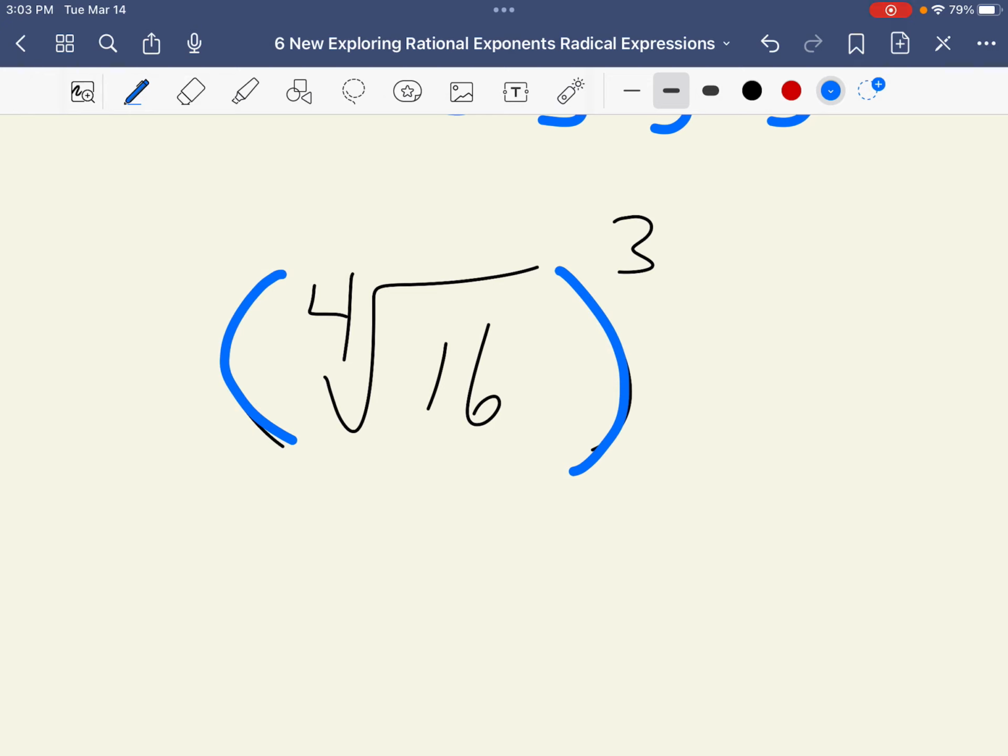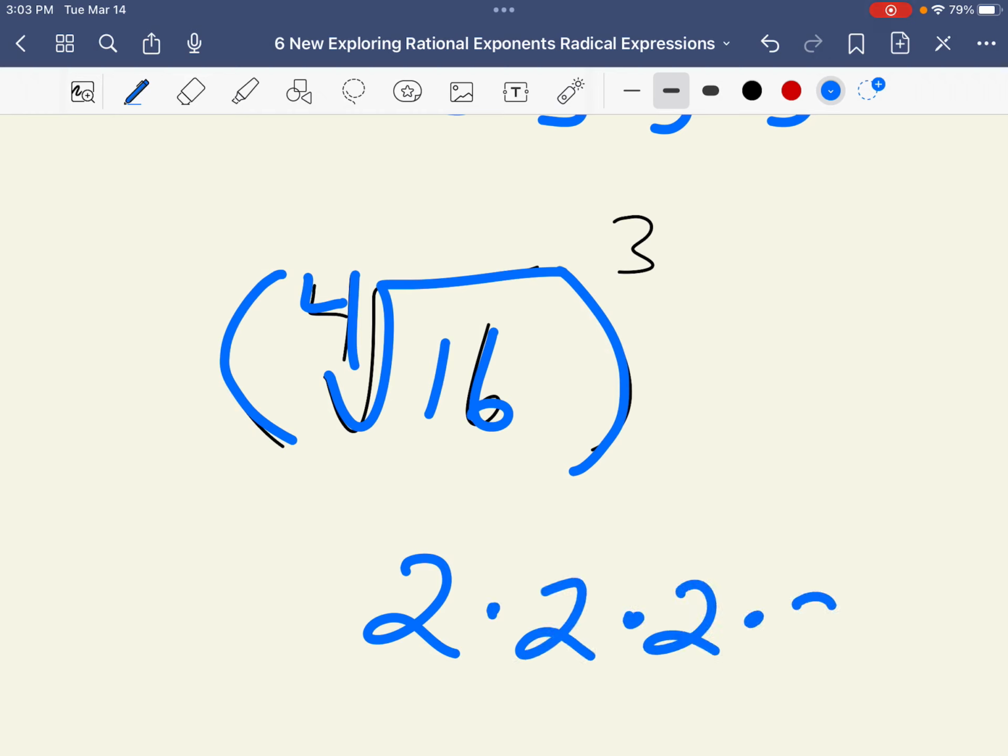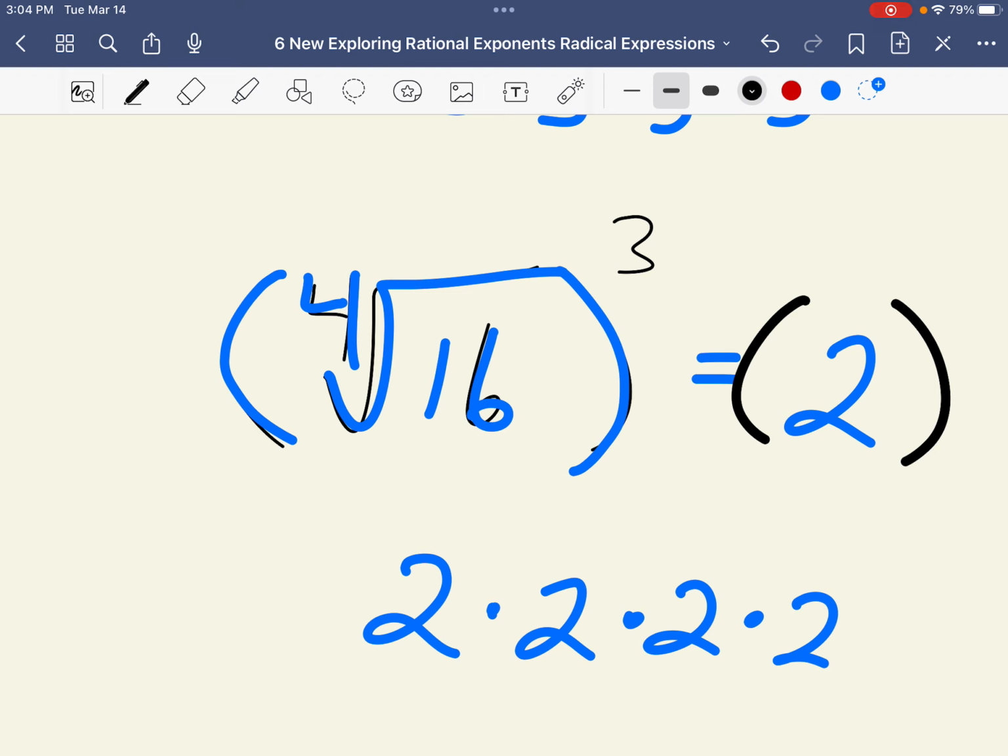So the first thing I'm going to do is the fourth root. I'm looking for 4 numbers that give me 16. Whoa, that's going to get me all the way back to the number 2. That's because 2 times 2 times 2 times 2 is 16, right? So this gives me 2, but then I have this exponent. Yeah, this exponent that we don't want to forget about here, this exponent of 3.